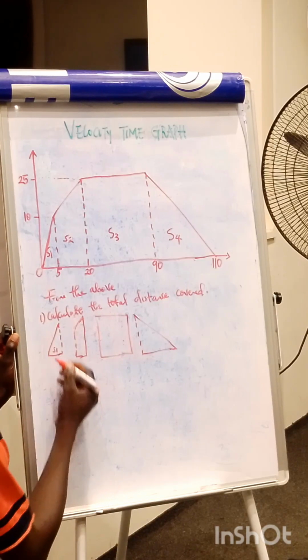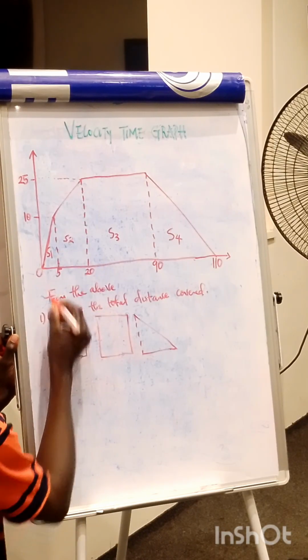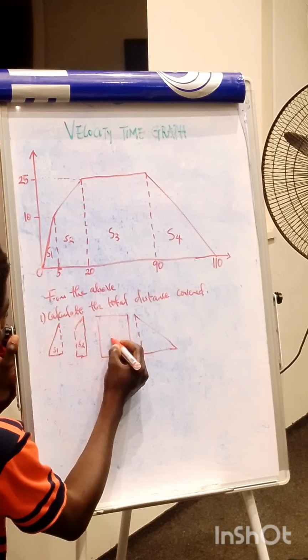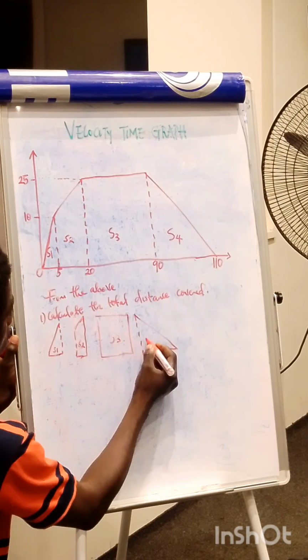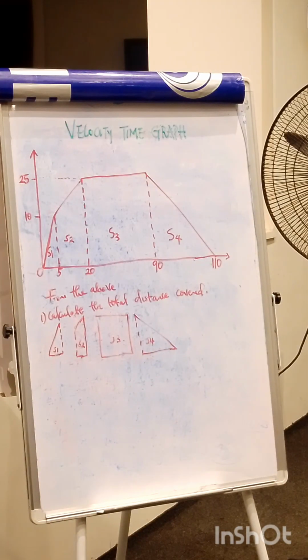So now you can see this is your section 1, this is your section 2, this is your section 3, and this is your section 4. That's the first step: you have to break them into sections.